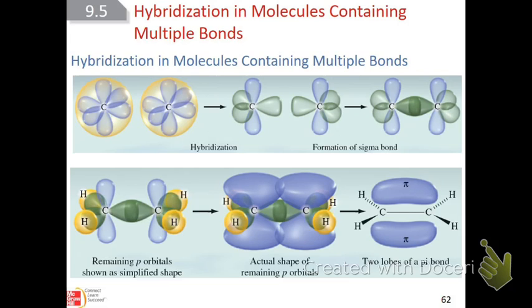Pi bonds stretch over a much longer length of space because they're stretched across the length of the whole bond, whereas sigma bonds are bonded atom to atom. Okay, that's the major difference between sigma bonds and pi bonds. And there are just lovely illustrations in the textbook that show sigma bonding and pi bonding for you.